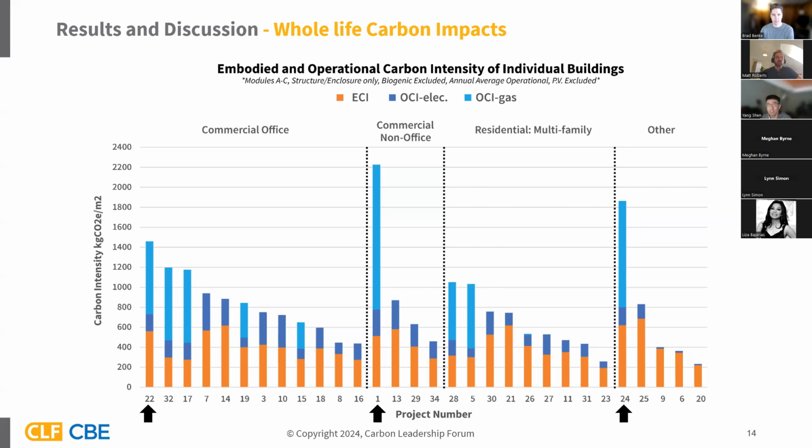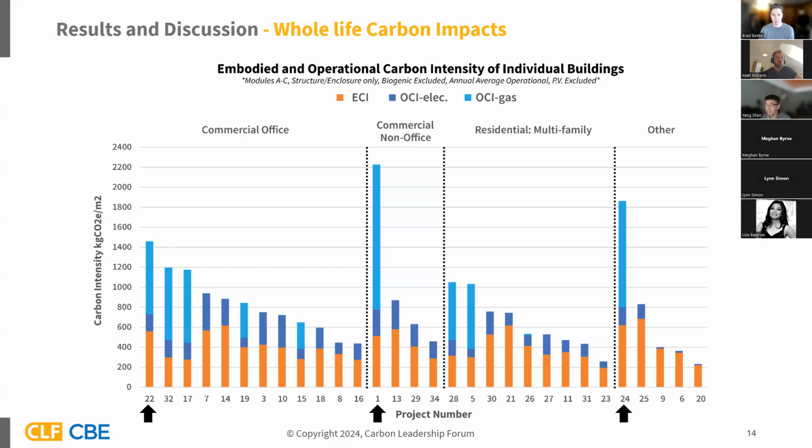It is clear to see that there were huge variations of the whole life carbon emissions across these 4 different building use types, especially for commercial office and residential multifamily. They have the largest range of whole life carbon intensity compared with commercial non-office and other types.